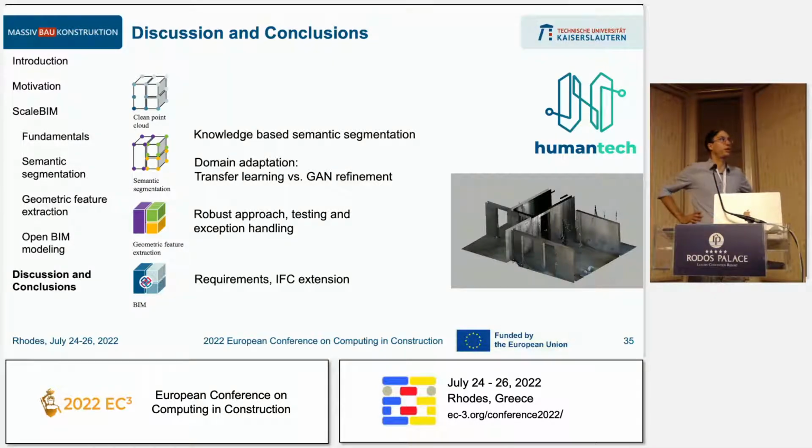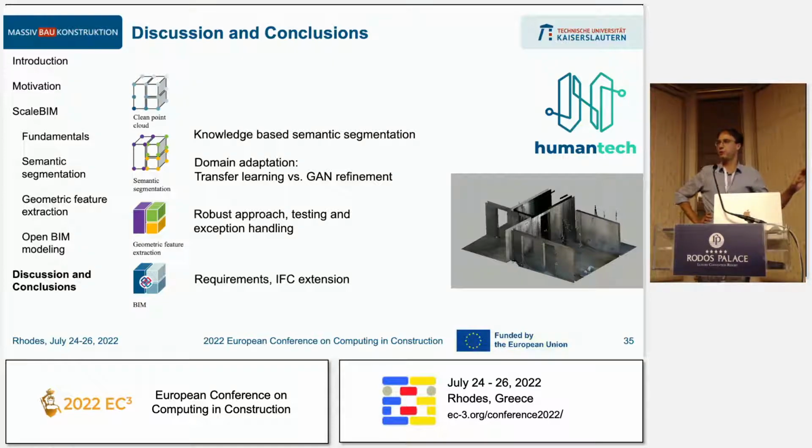The other idea would be to do a refinement using generative adversarial networks. There has been some work on knowledge-based approaches to semantic segmentation that are very promising, because again, if you look around you, you can determine some rules that distinguish a slab from a wall, like verticality or horizontality, etc.